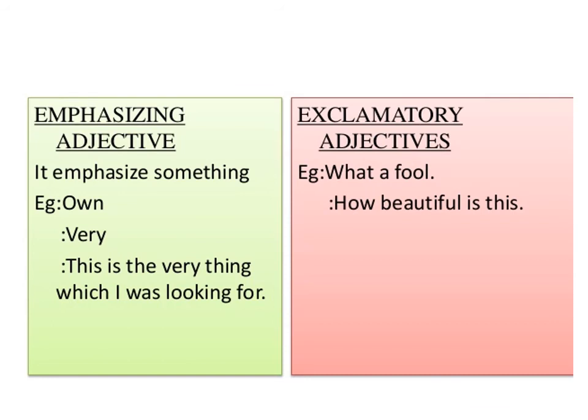How am I describing the thing? By stressing on the word very. This very is an emphasizing adjective. In the same way, exclamatory adjectives also exist. What a fool! We are describing the fool, a person, a noun with an exclamatory note. How beautiful is this! Exclamatory adjectives. Do not forget your exclamation mark in this.